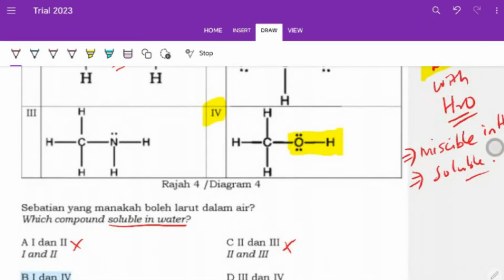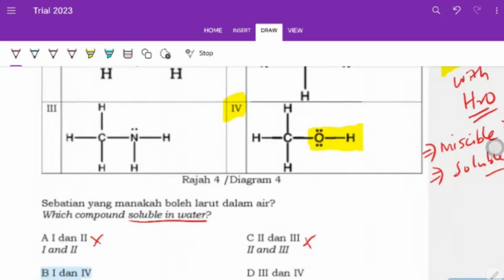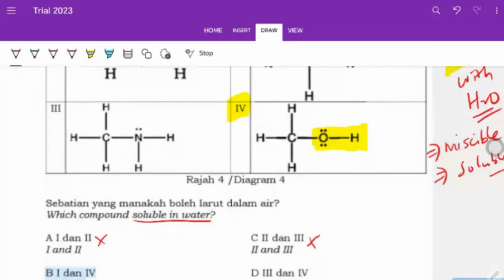This one. What do you think? This one is what? Let me see. CH3NH2. It's methylamine, or amine.